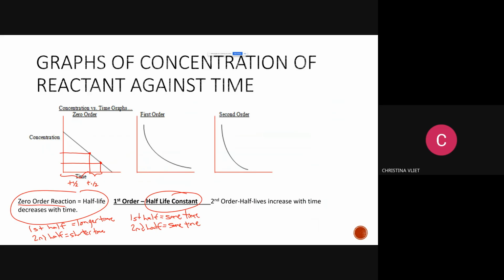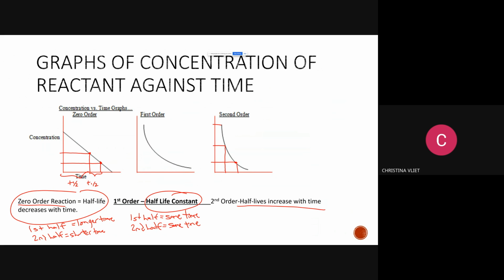And then second order, half-lives increase with time. So here, if this is our initial amount, and then let's say we half that, our first half-life would be here. And then what if we half this amount? We would go like here. I think it's kind of hard to see, but it does get a little bit longer with time.